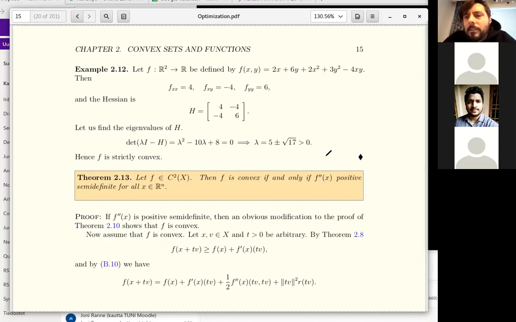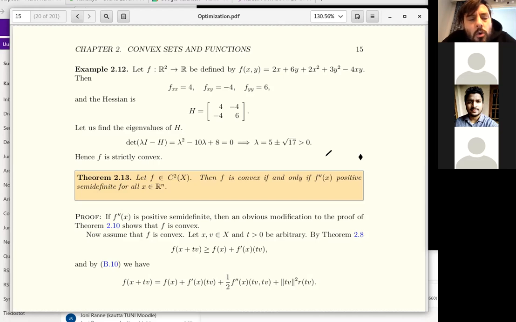Now we calculate the first derivatives and the second derivative. So we have a function that is defined as 2x plus 6y plus 2x squared plus 3y squared minus 4xy. We calculate the Hessian, so that would be the second derivative. And we get this matrix, which consists of 4, minus 4, minus 4, 6.